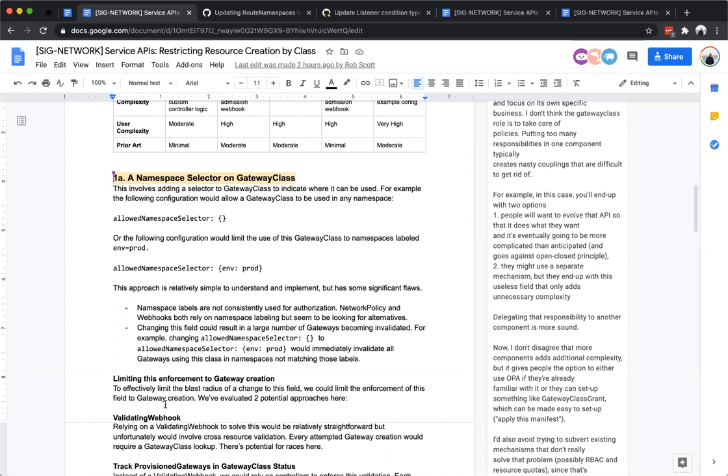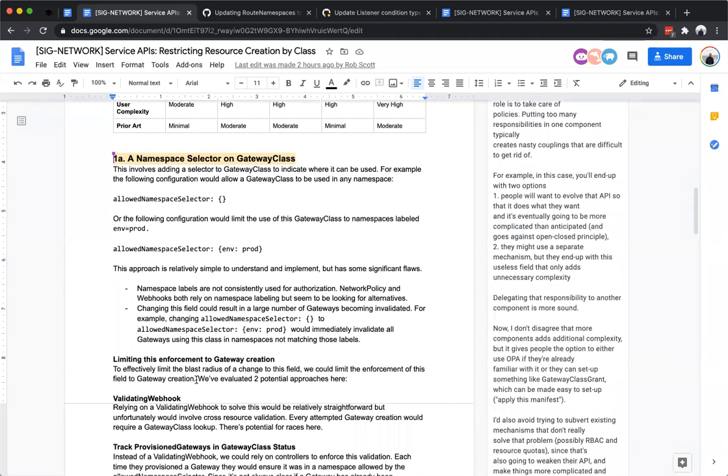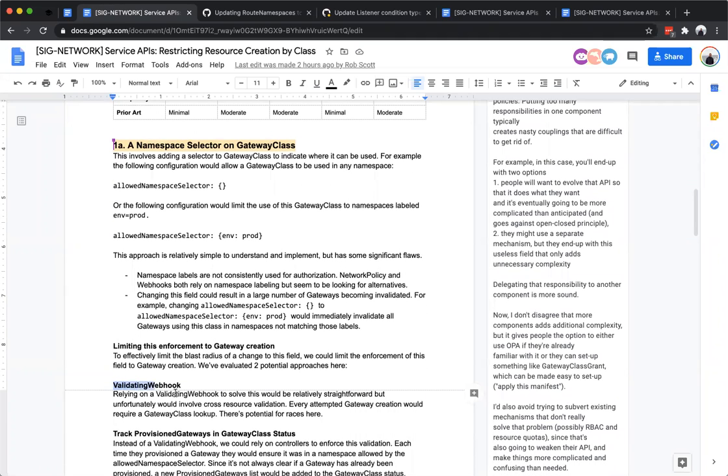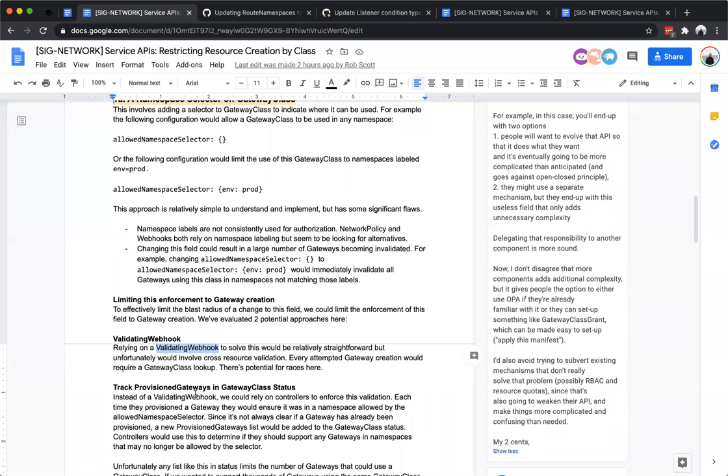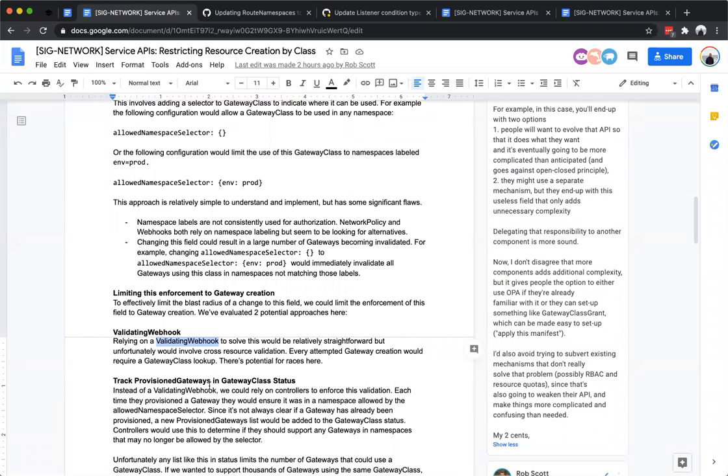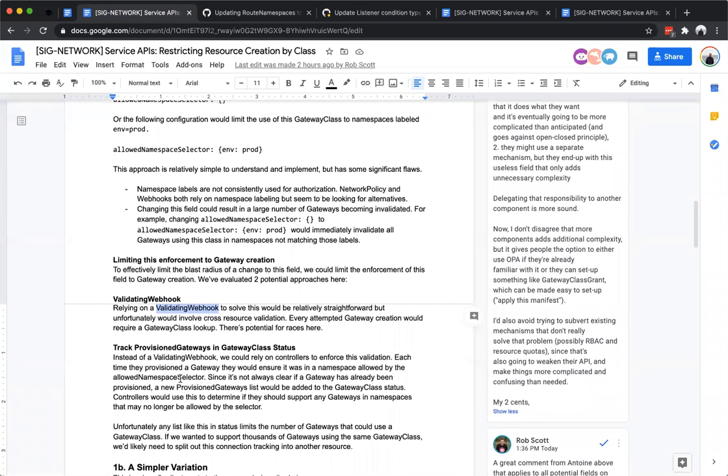So with that said, we could potentially do this with a validating webhook, but there's lots of pushback around anything with a validating webhook because it would involve cross-resource validation and be racy. And so then we said, oh, hey, why don't we do this whole provisioned gateways tracking in gateway class status? And this works to a point, but may not be quite as ideal as we'd like.